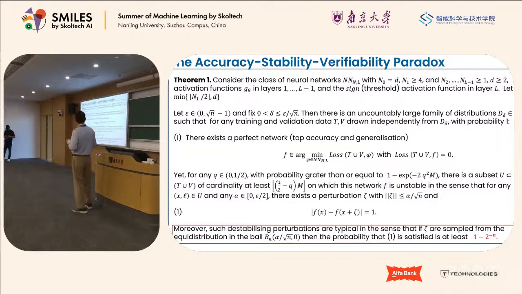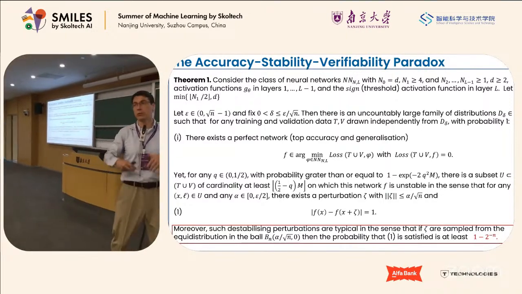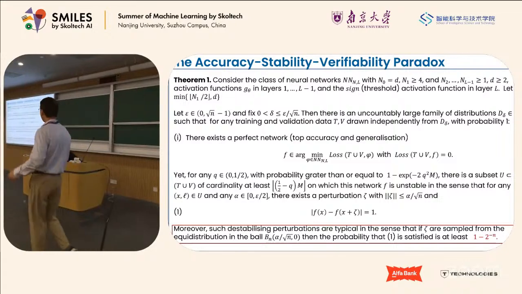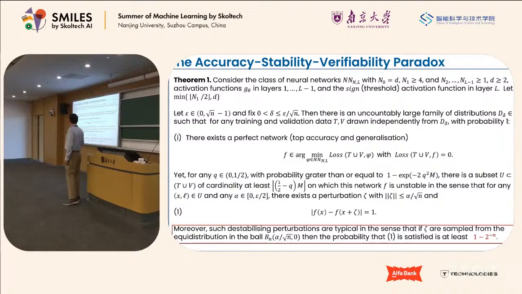Now, there is an uncountably large family of distributions, I call them D delta, such that for any training and validation data drawn independently from this distribution, with probability 1, the following happens. There exists a good solution. This good solution gives you 0 loss on your training, 0 loss on the validation, and 0 loss for any future samples. Good, right? Yet, for any q, let's say q is equal to 1/4.